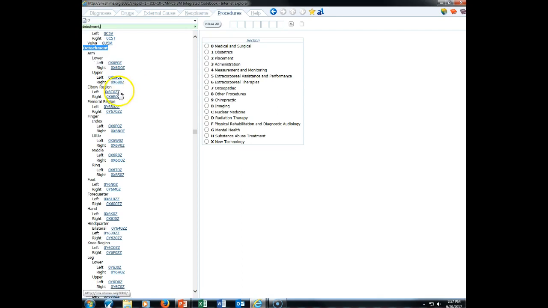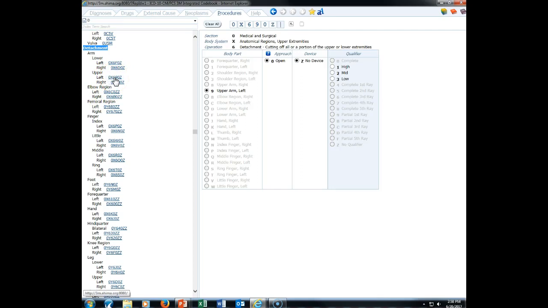And it's on the left, and it is the humerus, so it's going to be the upper arm, and you'll notice that the code pops in, and then what we are choosing is the qualifier. And we know that this was mid shaft, and so we choose mid shaft.